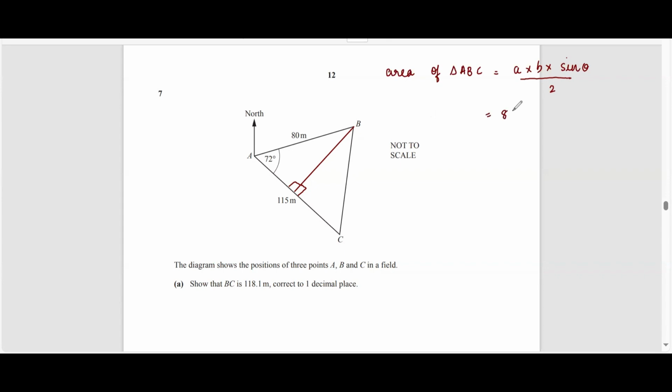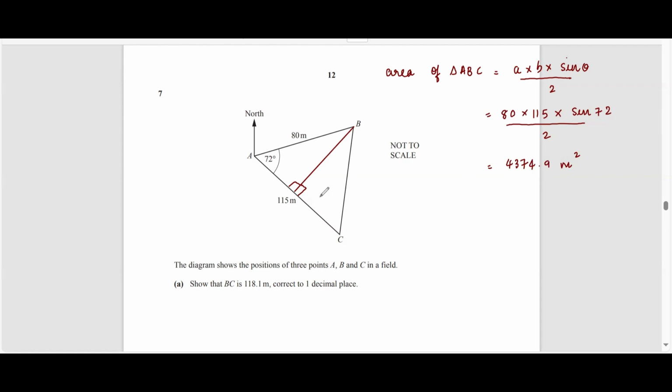So this is 80 into 115 into sine 72 divided by 2. So let's put this in calculator. That is 4,374.9 approximately. It's given in meters, so meter square.